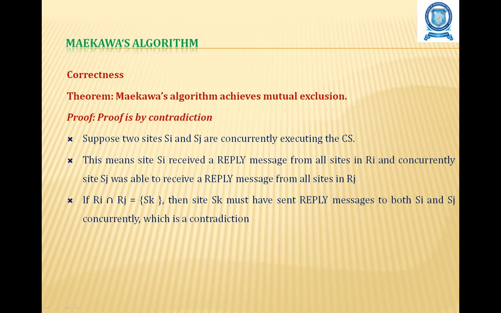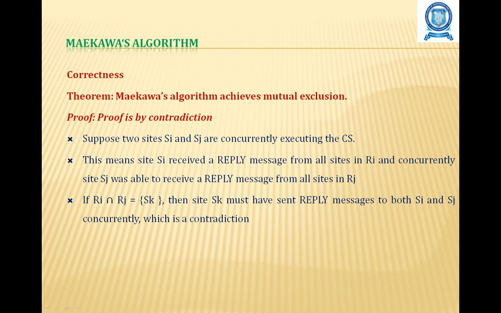This theorem states that this algorithm achieves mutual exclusion, which is proved by contradiction. Suppose two sites Si and Sj are executing concurrently in the critical section. This means that Si received the reply message from the other sites which are present in Ri, and concurrently the site Sj was able to receive the reply message from all the other sites in Rj.